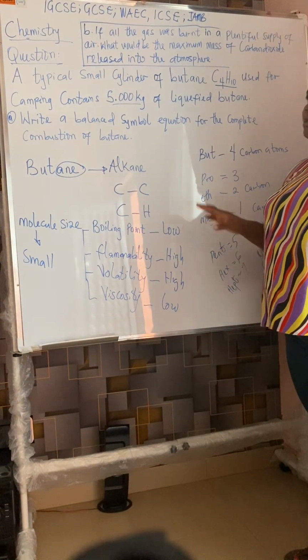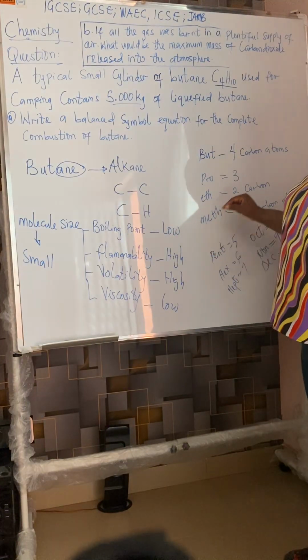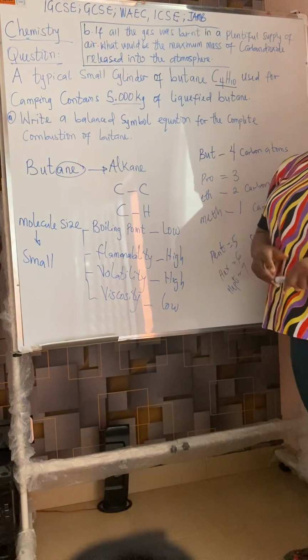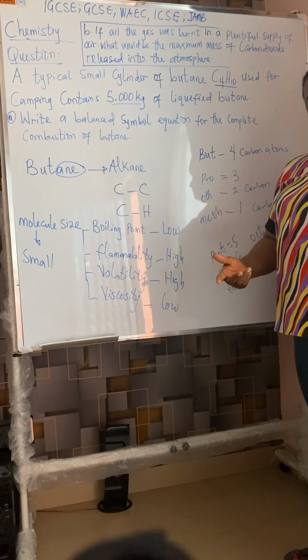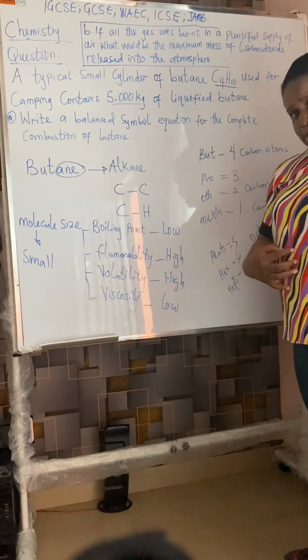For these hydrocarbons that we call the alkanes, if you know that the number of carbon atoms is 4, or 5, or 10, then how will you determine the number of hydrogen atoms that should accompany it?